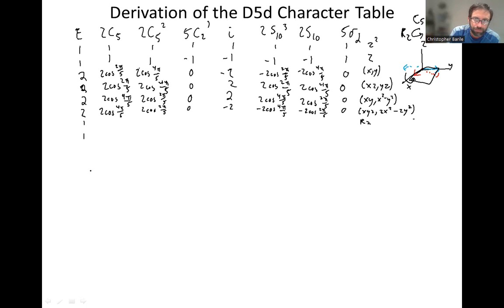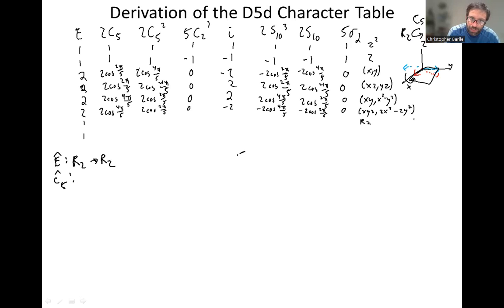Okay, so what happens when we do identity on a rotation vector? Well, we just always get the same thing back, so that doesn't help us. That's going to get us a 1. What happens when we do a C5 on it? That's a 72-degree rotation, and that C5 is around the z-axis.